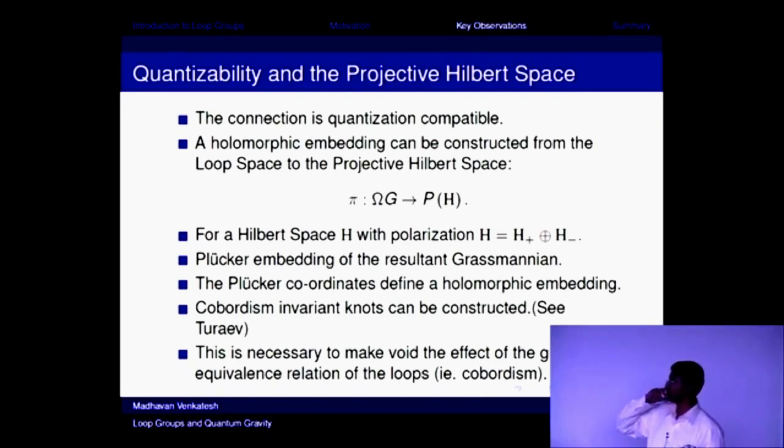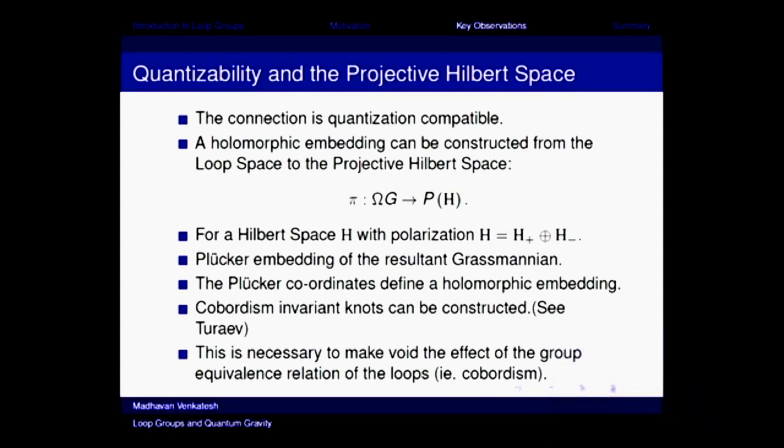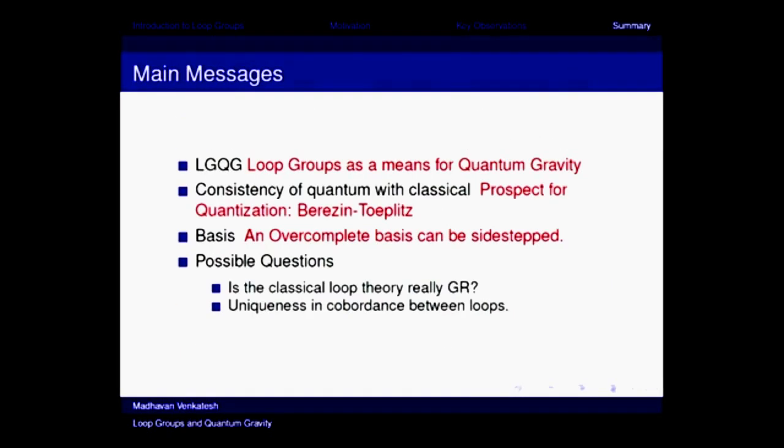So you introduce cobordism invariance. There are knots. Vladimir Turaev has done some nice work on that, constructing knot polynomials that are invariant under cobordisms. So like I said, it's necessary to make void the effect of the group equivalence relation of the loops, the cobordism. So I've reached the end of my talk.